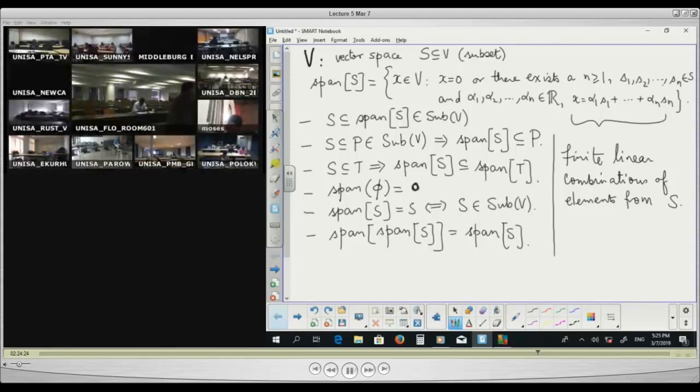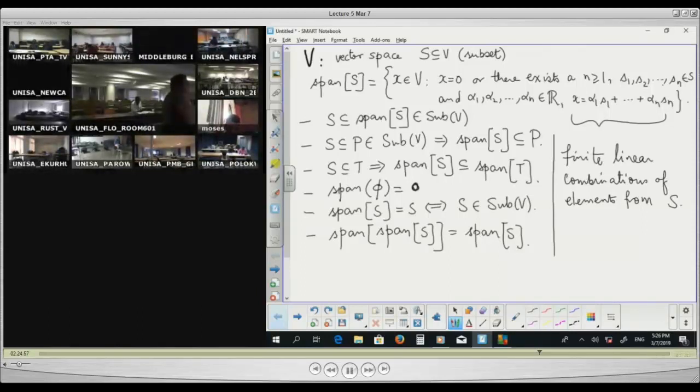Span of S is a subspace of V, and it contains S. So it's bigger than S. And it is the smallest subspace of V which contains S. That's the second line. If S is a subset of P and P is a subspace of V, then span of S is already a subspace of P.